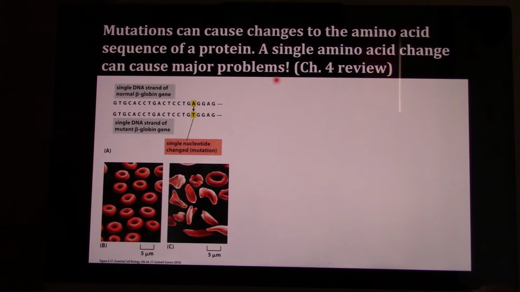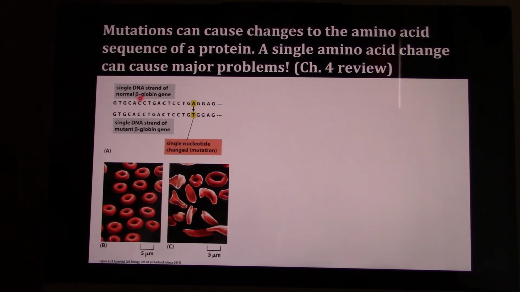So, for example, if we go from a nonpolar to a polar charged, or from a negative or positively charged R group to a non-polar group, those would be significant changes that could cause major problems. Because why? Because the protein will fold differently, or it might fold differently anyway.